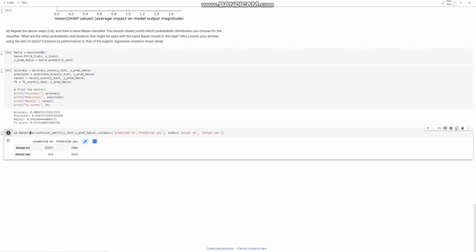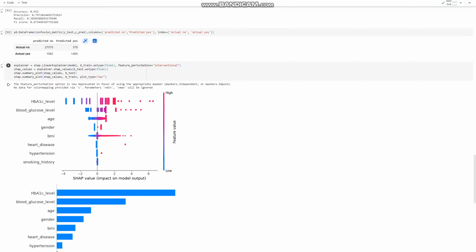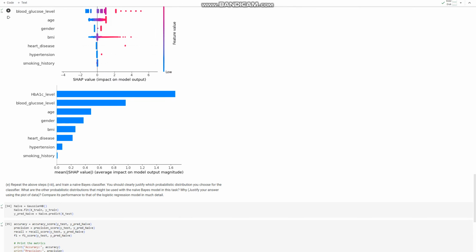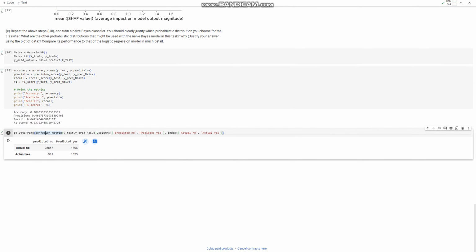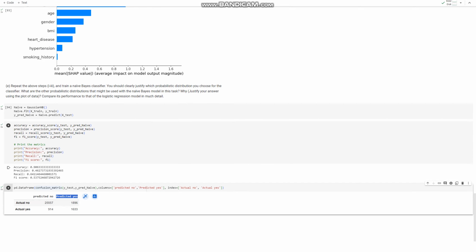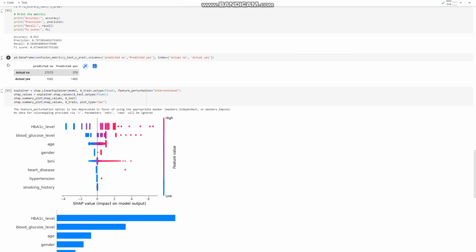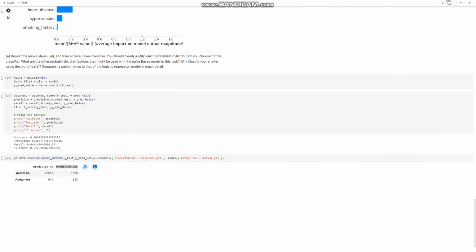Here I've also done a confusion matrix as well, to just get a clearer view. It looks like the naive Bayes is very positive, where it's predicting a lot more yeses than the logistic regression.